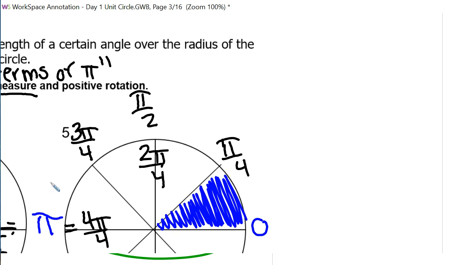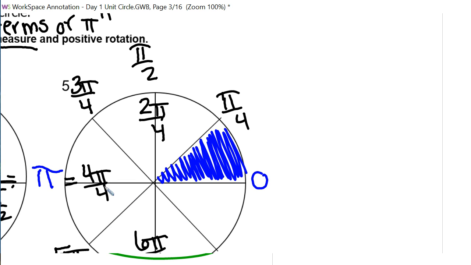The next one would be 5 pi over 4. The next one would be 6 pi over 4, and that simplifies to 3 pi over 2. The next one is 7 pi over 4. And the next one would be 8 pi over 4, which is equal to 2 pi. And I could keep going. The next one would be 9 pi over 4, 10 pi over 4, 11 pi over 4, 12 pi over 4. You could keep going.